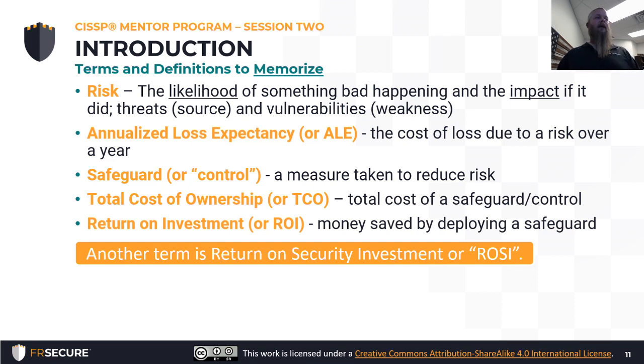It's very rare, actually, that we're forced to or asked to calculate return on investment or return on security investment. And the big reason why is we just have really poor data in our industry. There's not really good loss data. The Ponemon research is probably one of the ones that's most cited.